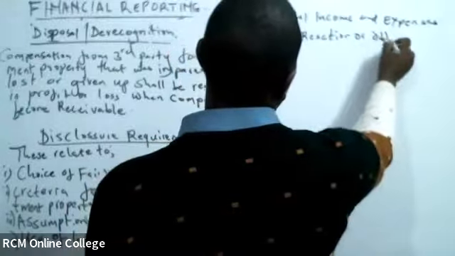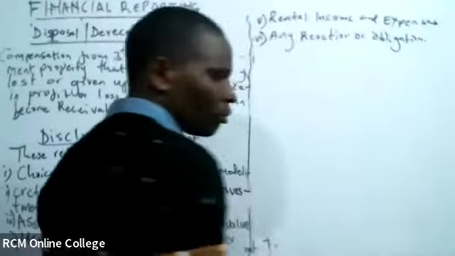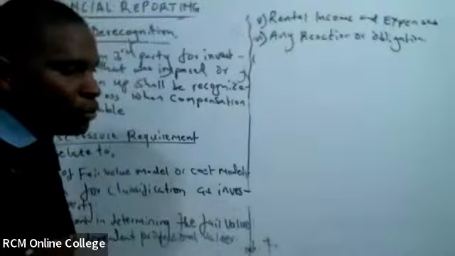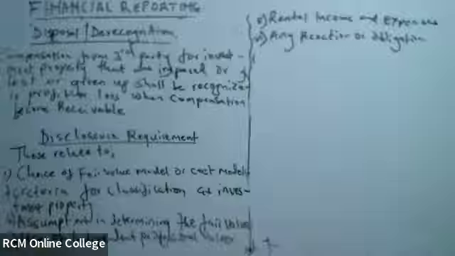Those are the 6 areas that form the disclosure requirement.